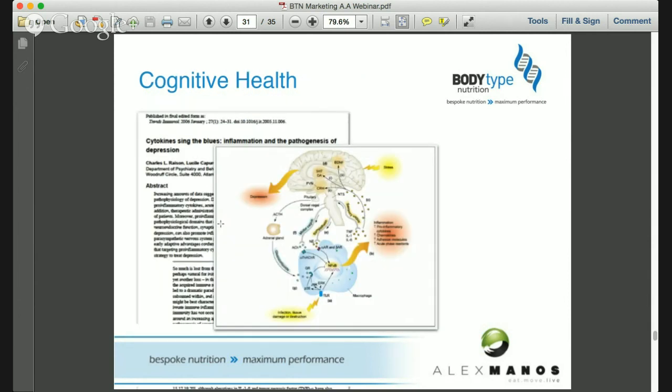And then we've already talked about cognitive health a little bit. This is a useful visual for us from a very interesting paper which discusses how cytokines may be a trigger or a mediator of depression. And one thing we mentioned was obviously how cytokines can activate or influence brain activity through the vagal nerve.